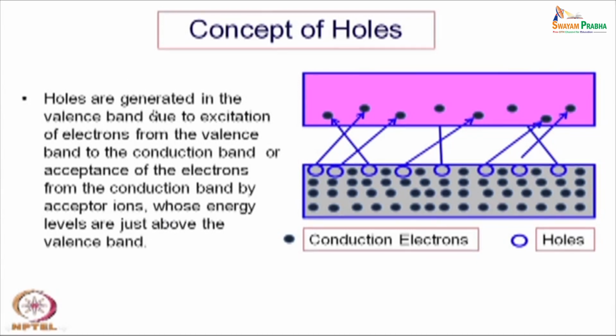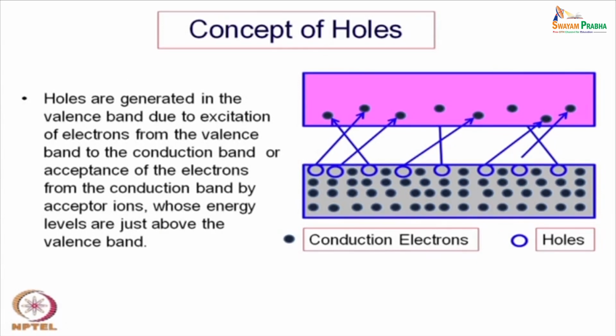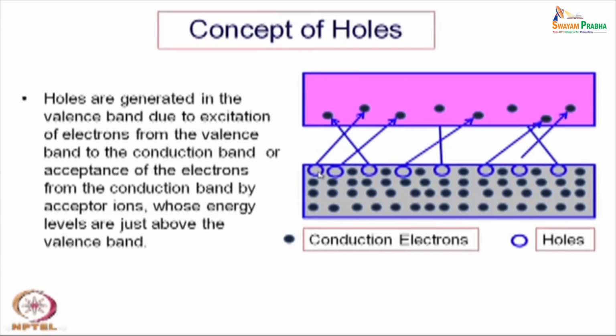The reason why they are important is they can also act as a charged species like electrons, because once the hole is created, or the site is vacant, it becomes a positively charged species.